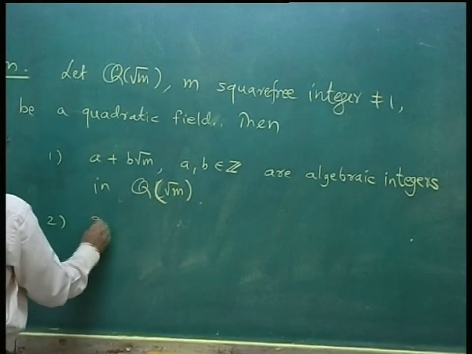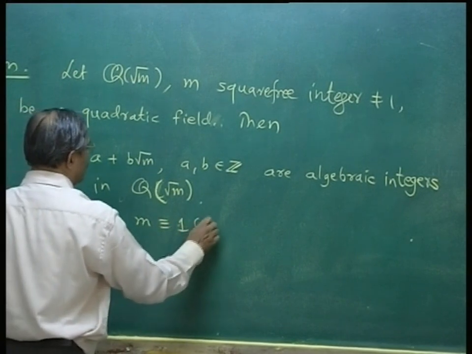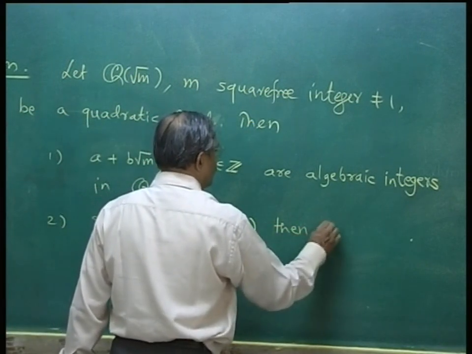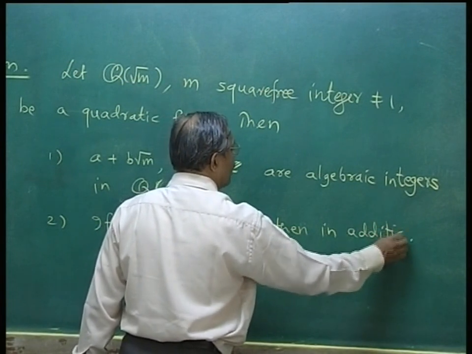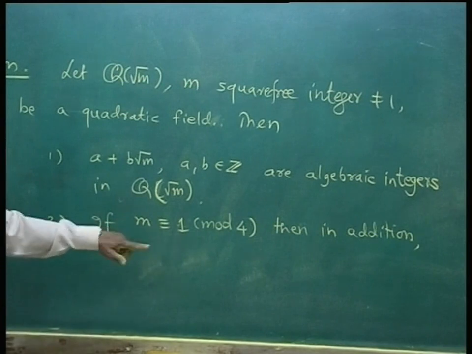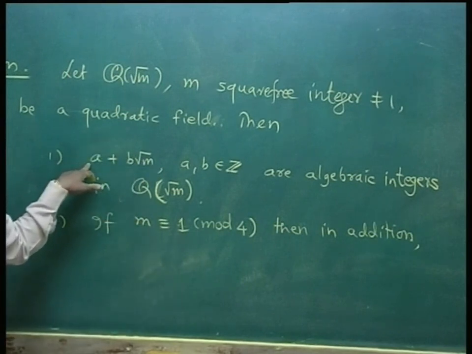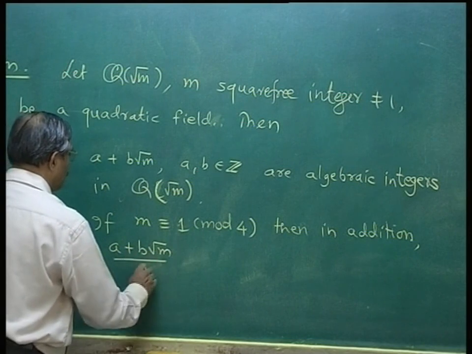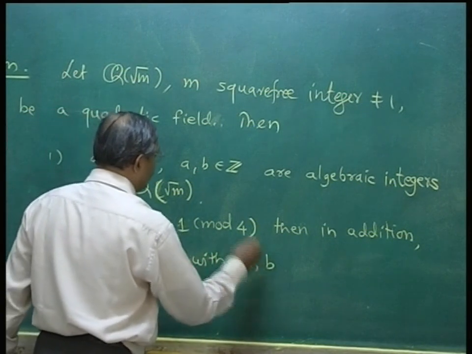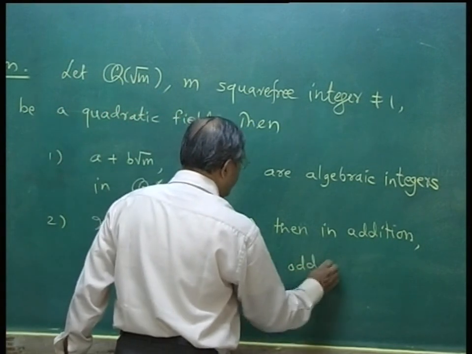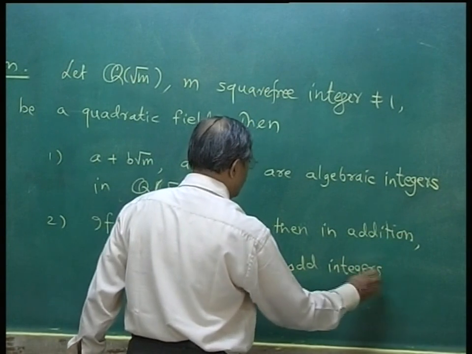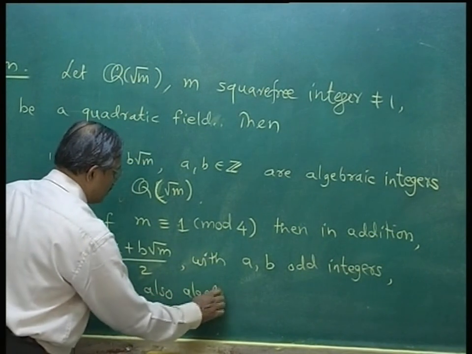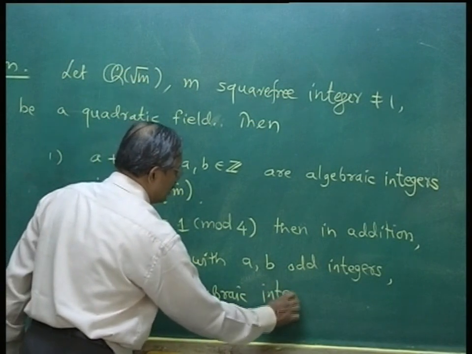Second, if m is congruent to 1 mod 4, in addition, (a plus b√m)/2 with a, b odd integers are also algebraic integers.